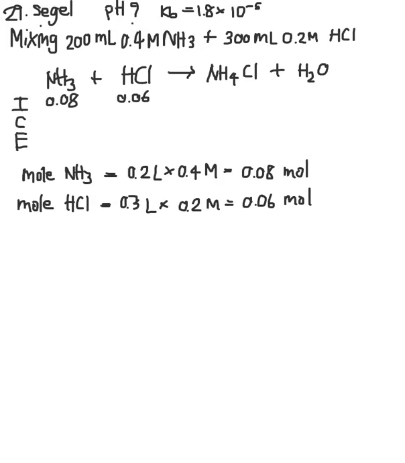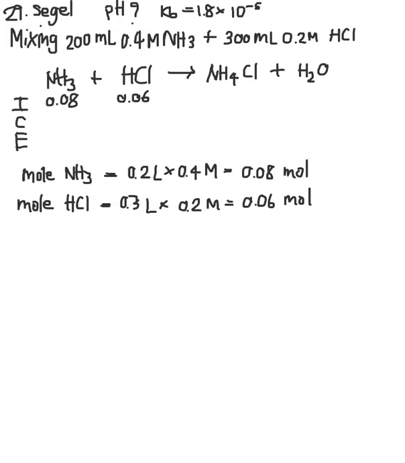One equivalent of ammonia reacts with one equivalent of hydrochloric acid, so the substance that you have less of will be the limiting substance. In this case, hydrochloric acid is the limiting substance, with only 0.06 moles.